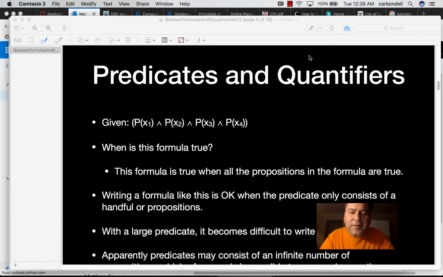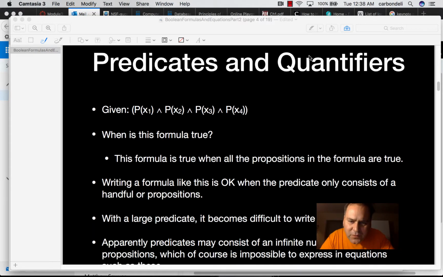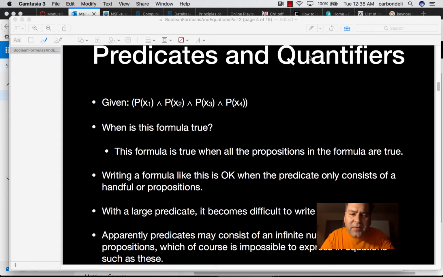If we're given the formula P of x1 and P of x2 and P of x3 and P of x4, we might ponder when the formula is true. This formula is true when all the propositions in the formula are true.